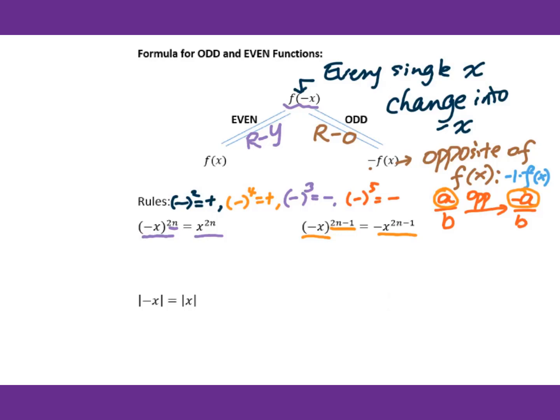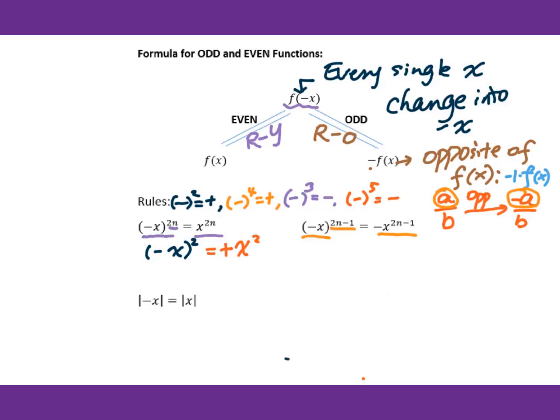In other words, when a negative sign is raised to an even power, we get positive, and to an odd power, we get negative. Therefore, when we have negative x squared, you get negative sign squared, that's positive, then x squared. Normally, the positive sign we don't write.